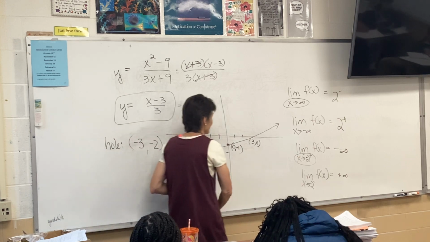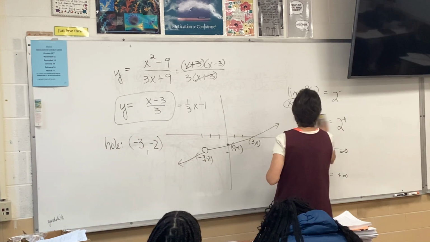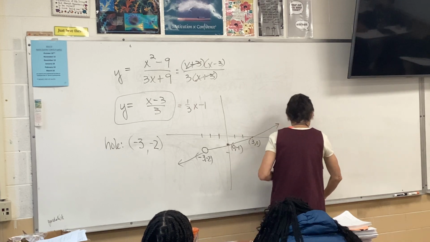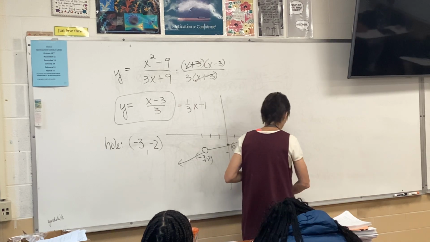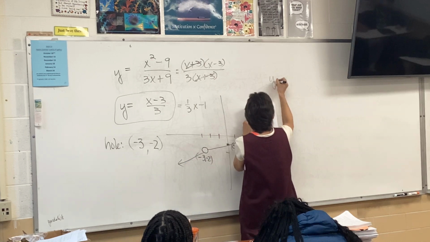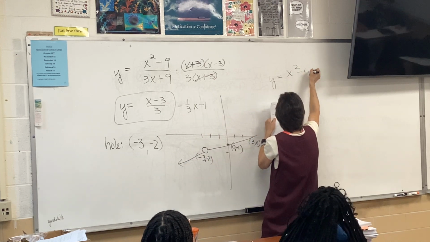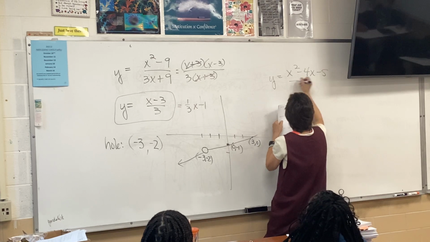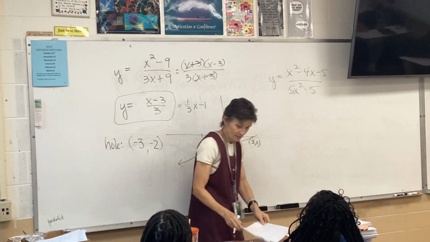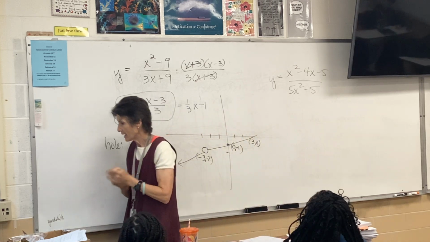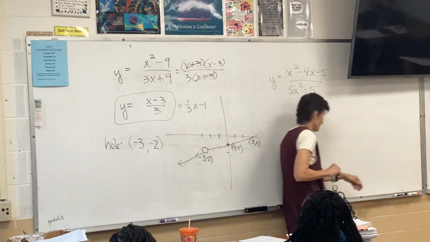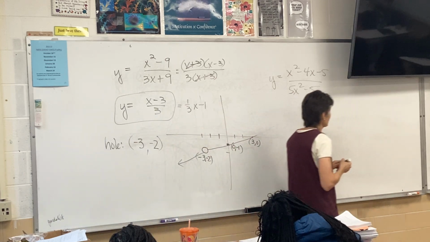All right, here we go. Number 5. All right, what do you want to do first? Factor the whole shebang. All right, well, I find another marker here. Go ahead and start factoring.